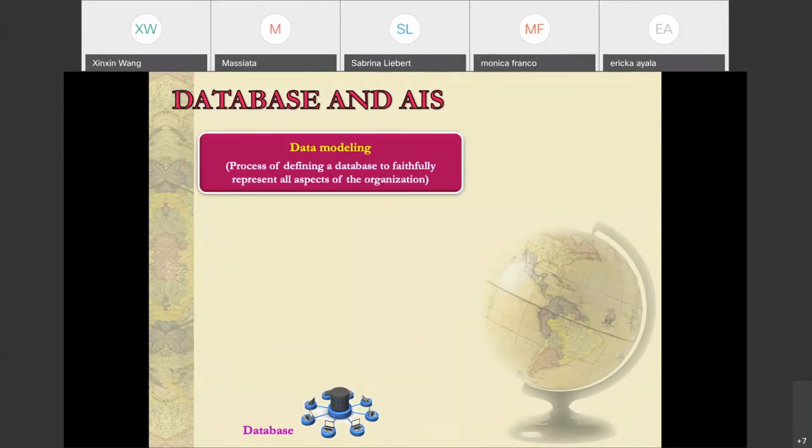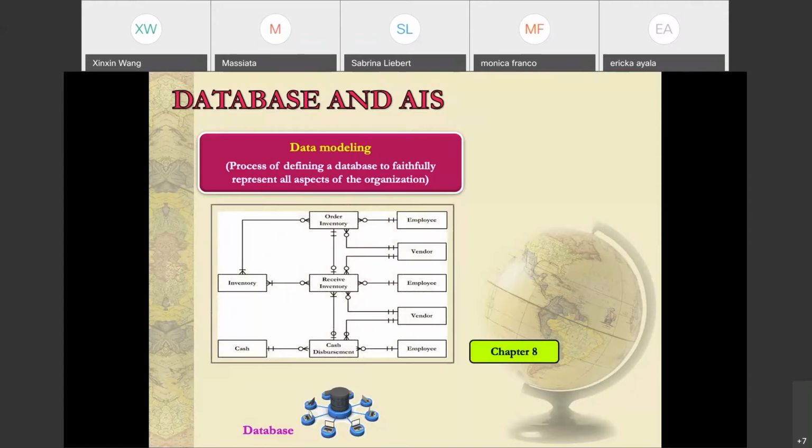Data modeling is a process of defining a database to faithfully represent all aspects of the organization, right? We're using that as a way to make sure that the database is serving all users' needs, right? So in chapter 8, we introduced the REA modeling, and we talked about the REA diagram.